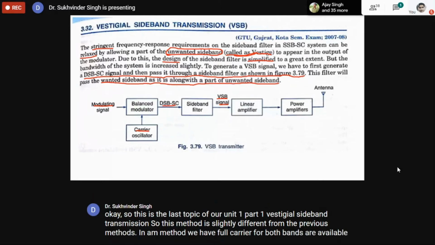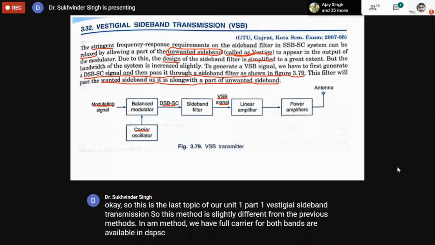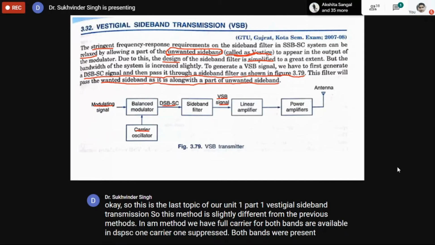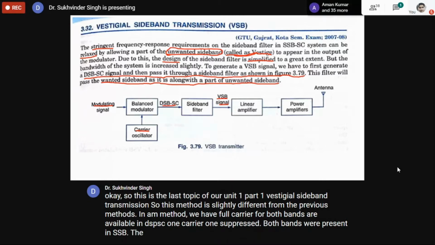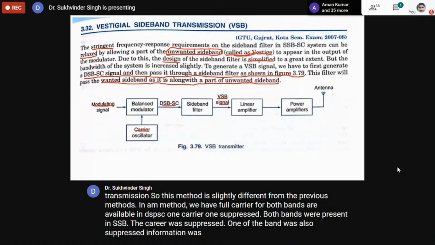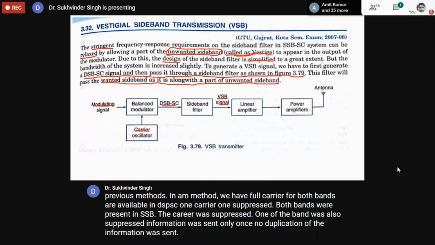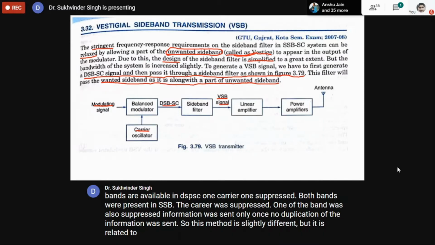In DSBSC, the carrier was suppressed, both bands were present. In SSB, the carrier was suppressed, one of the bands was also suppressed, and information was sent only once, with no duplicacy of the information. So this method is slightly different, but it is related to the single sideband method.